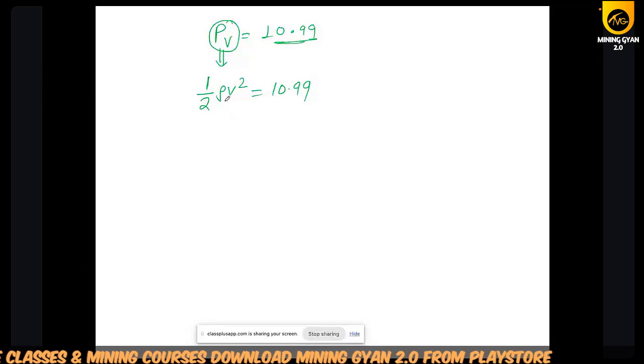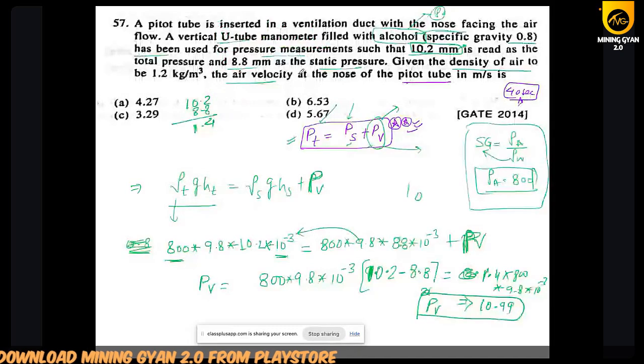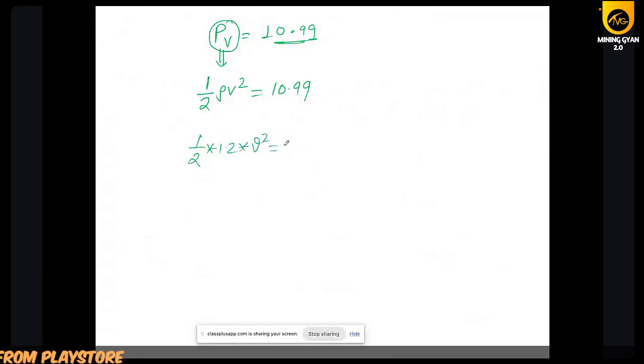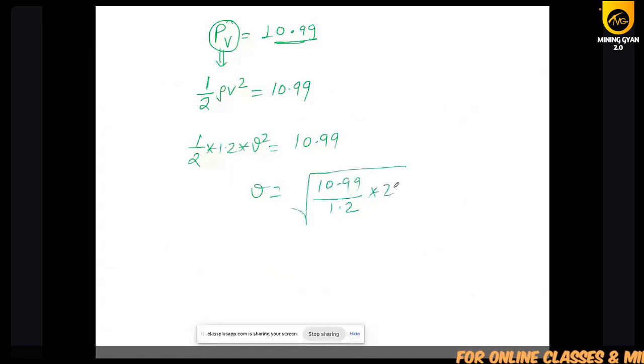So rho density he has given us, giving the density of the air to be 1.2. So it will be 1.2 into v square बराबर 10.99. So v square equal to 10.99 divided by 1.2, multiplied to root of this.